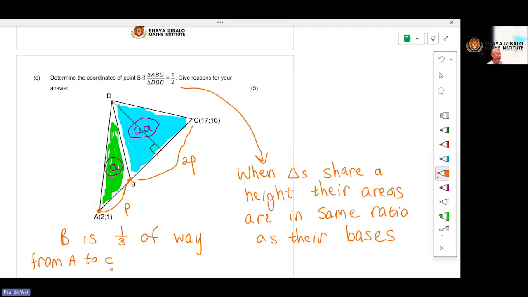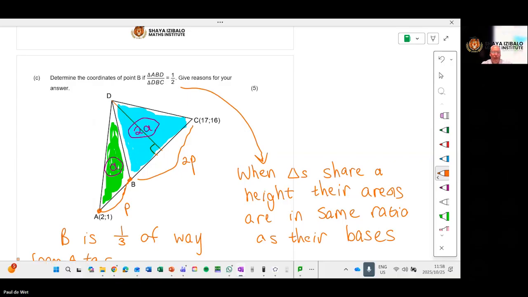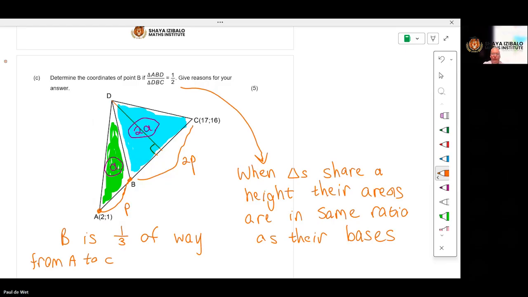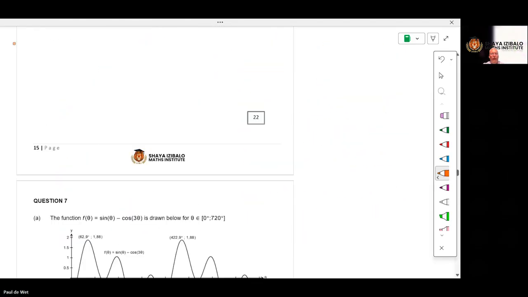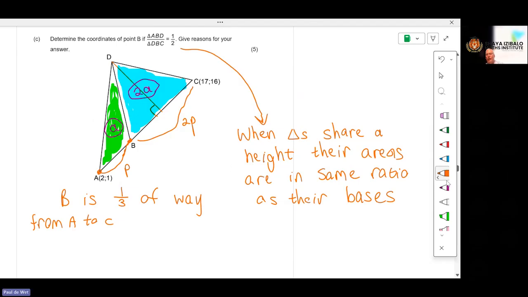And we did do it earlier, guys. What I did was work out how much to run across from A to C. So the total travel horizontally is 15.